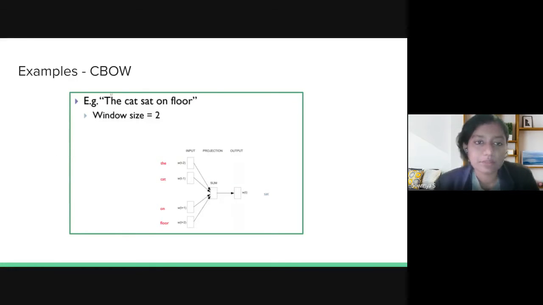So now, I will be showing an example of CBOW before going into the math. If we have a sentence, the cat sat on the floor, and our window size is 2, then our central word is sat, -2 is the cat, and +2 is on floor. So in CBOW, you can see w_{t-2}, w_{t-1}.